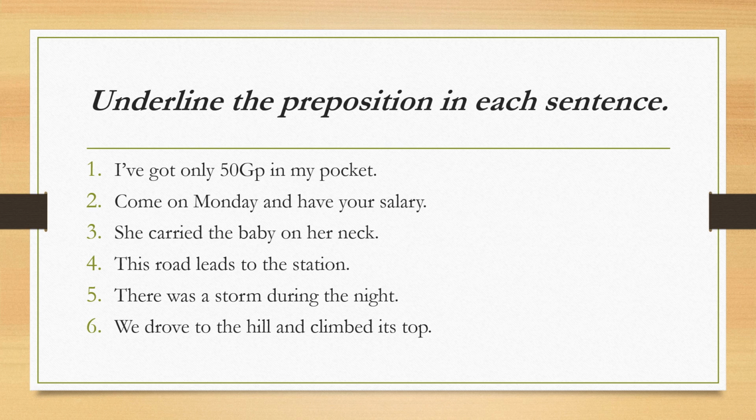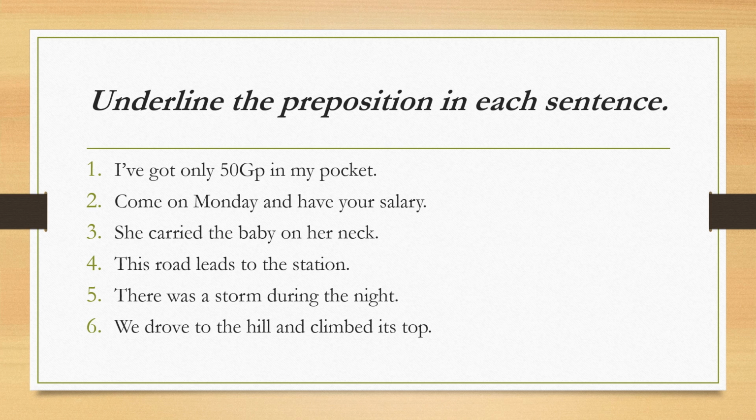First, we need to be able to identify the preposition in each sentence, be it complex or ordinary. We have the first segment, which is 1 to 6, and then the second one goes from 7 to 12.